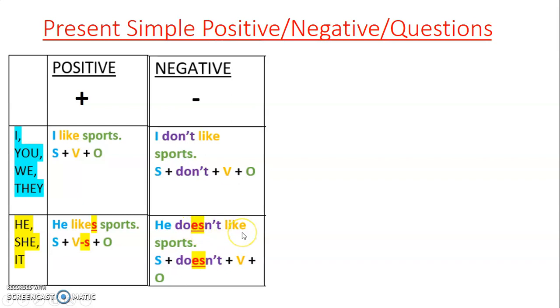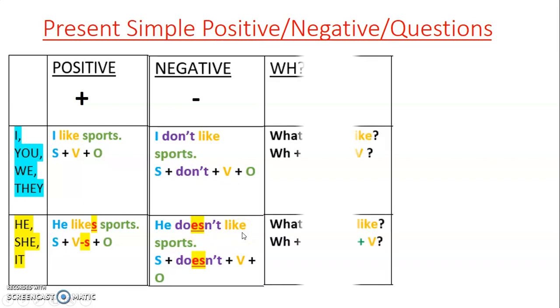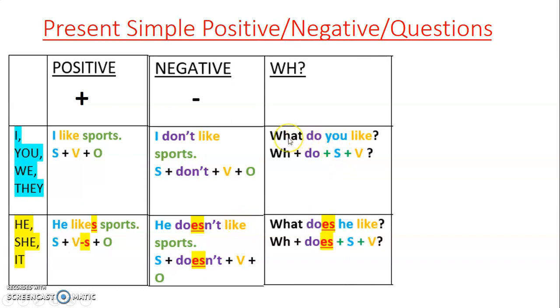Okay, now let's move to the WH question. So how do you ask a WH question in the present simple? Because it's a WH question, you can use any word that starts with WH from the question words: what, where, how, why.